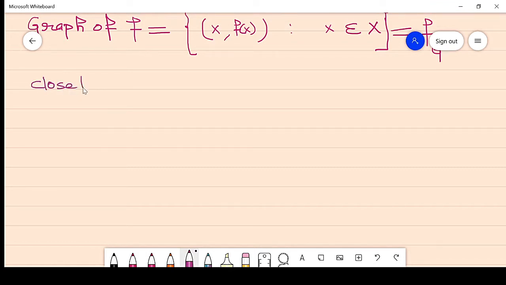The next definition is closed linear transformation. We already know the linear transformation. So the next definition is closed linear transformations.